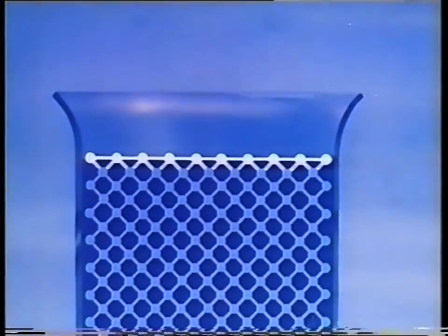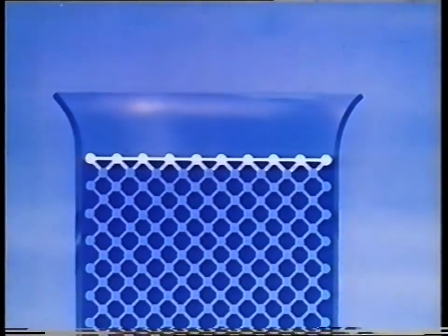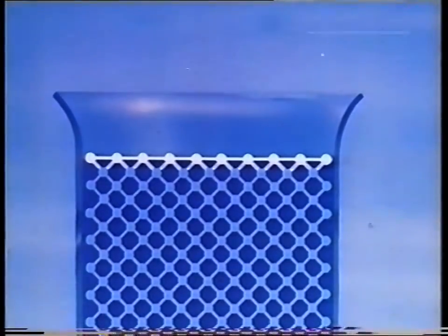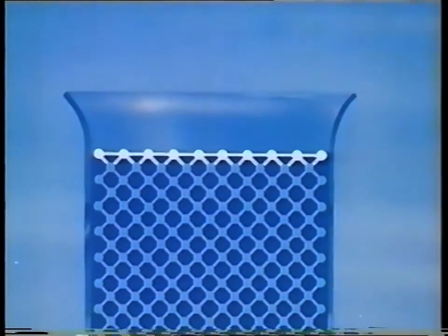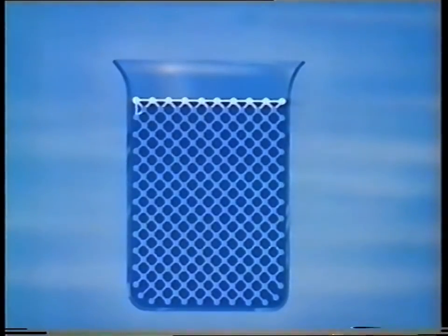Here we are dealing with a water surface between water and air. But what happens is typical of a water surface between water and any other substance, solid or liquid. It occurs at the sides of the glass.